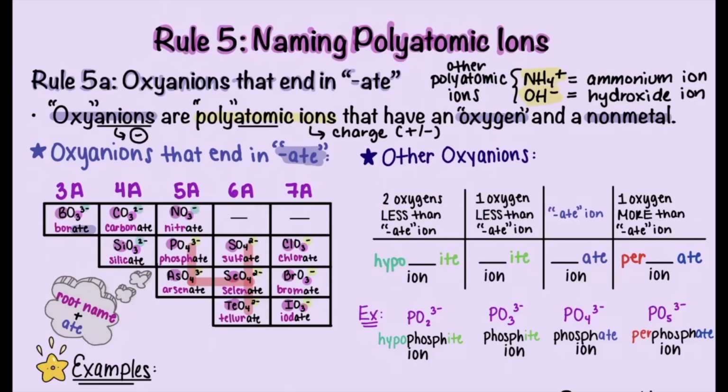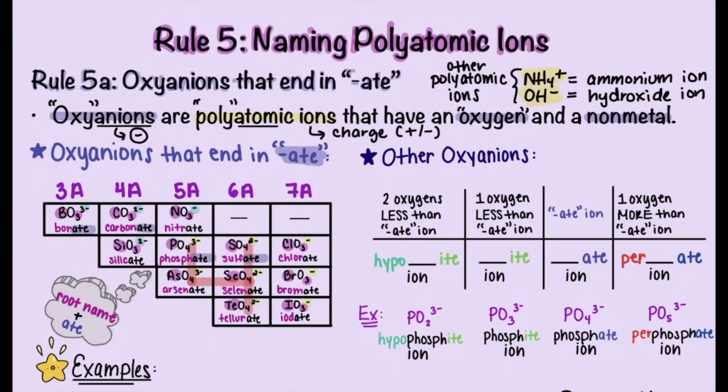Then you've got carbonate, sulfate, phosphate. Just be careful with the roots. For example, carbon becomes carbonate, not carbate. And sulfur becomes sulfate, not sulfurate.